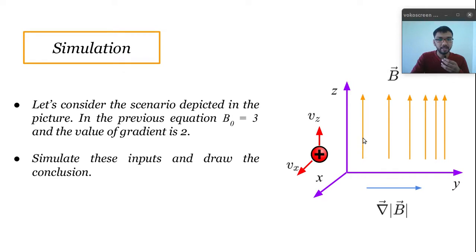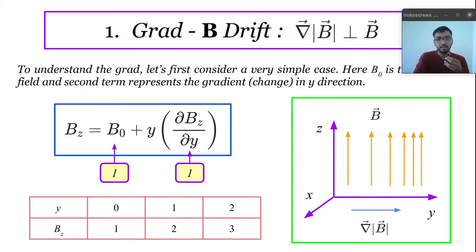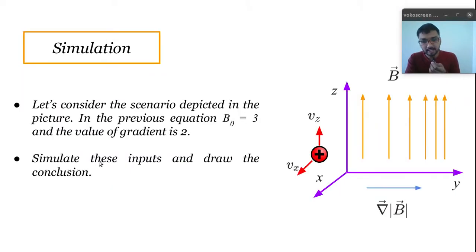These are the magnetic field vectors in the z direction, and our grad direction is in y. In the previous equation, B0 is equal to 3 and the value of the gradient is 2. Simulate these inputs and draw the conclusion.